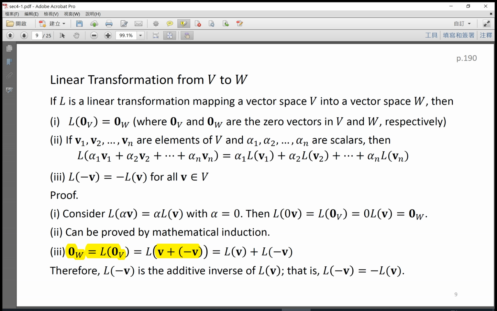And due to the additivity property of a linear transformation, we know L of v plus minus v equals L of v plus L of minus v. From the last equality, we know that L of minus v is the additive inverse of L of v. That is, L of minus v equals minus L of v, and the proof of statement 3 is finished.